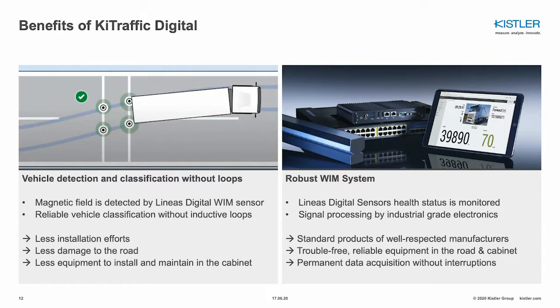These industrial-grade electronics are standard products of well-respected manufacturers, and they ensure a trouble-free and reliable operation of the whole equipment in the road and in the cabinet. So for you this means permanent data acquisition without any interruptions due to reliable sensors and electronics.